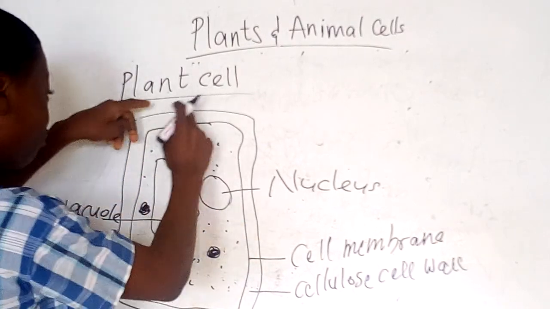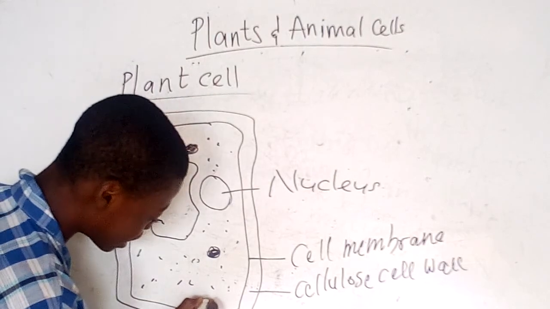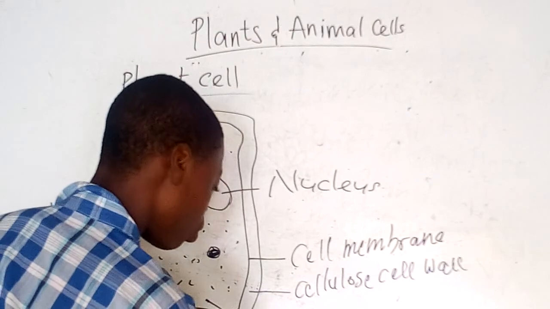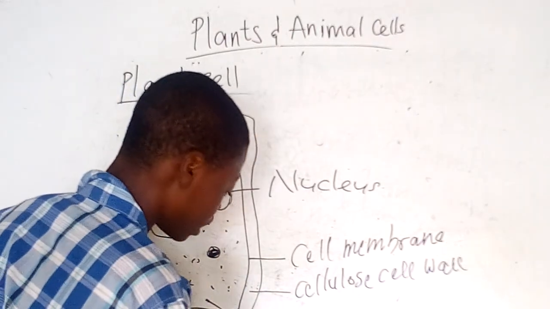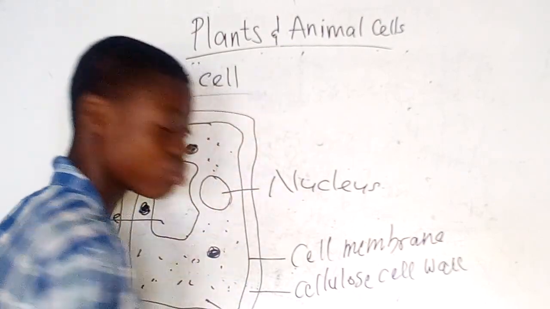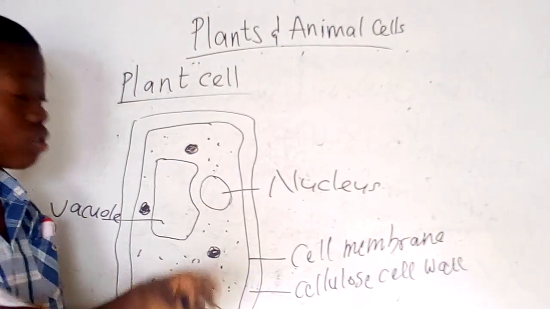Okay. This side containing nothing is termed as the cytoplasm. It's mostly made up of liquid. It's the liquid part of the plant cell.